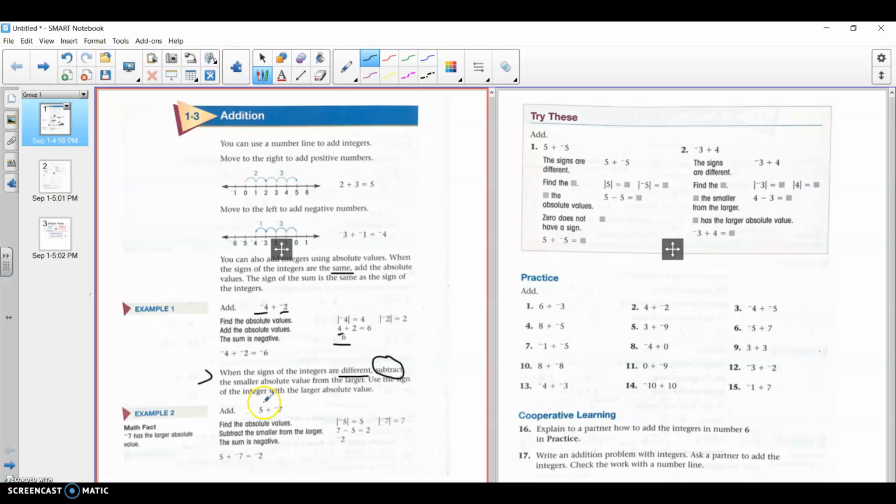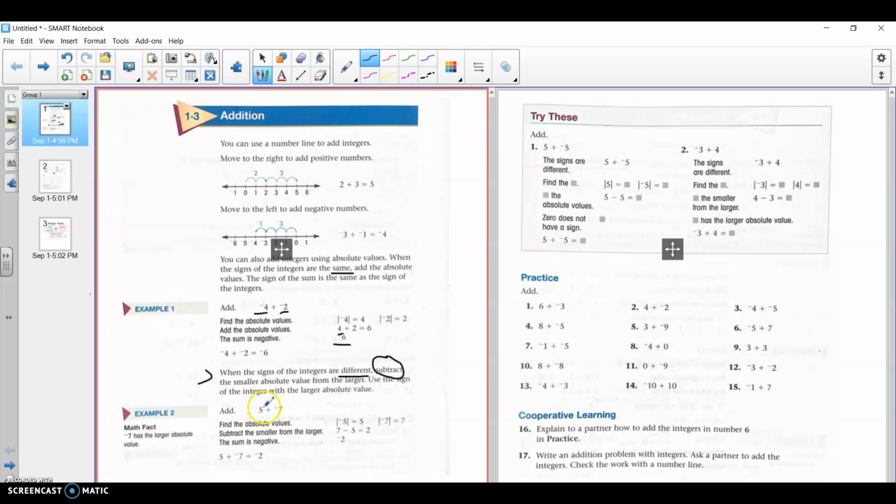So if you have a positive 5 and a negative 7, what they've done again is the absolute value over here. The absolute value of 5 is 5, and the absolute value of negative 7 is 7. But they just really want you to understand, subtract the two numbers when one is positive and one is negative. And you're going to subtract the smallest from the larger.